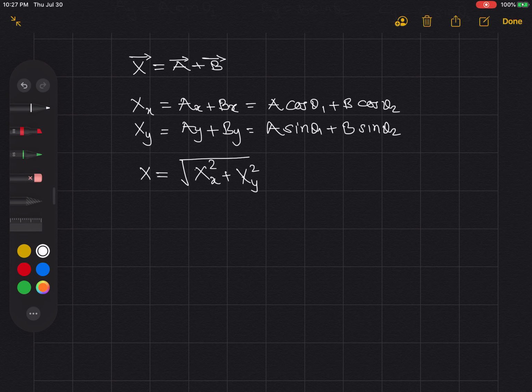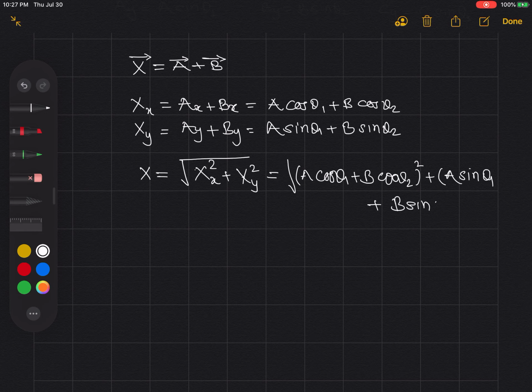So you can plug these values and you can find out this is the square root of (a cos theta 1 plus b cos theta 2) squared plus (a sine theta 1 plus b sine theta 2) squared. So this square root covers everything up to here.